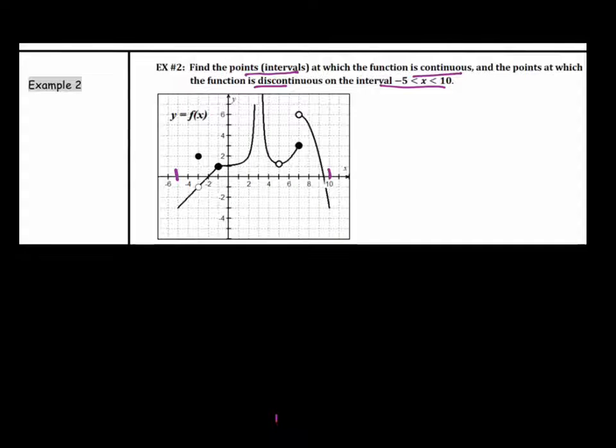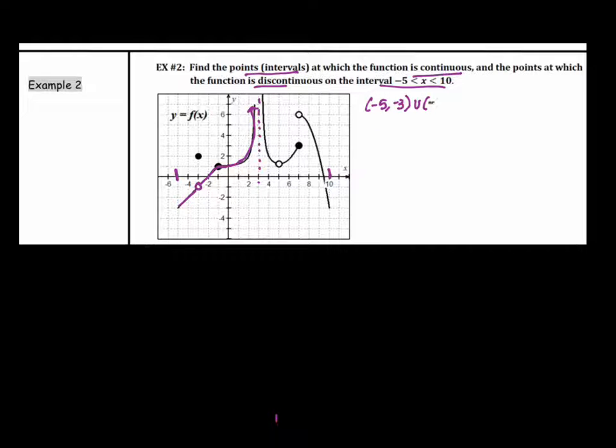So I am continuous from -5, moving up, but then at -3, I have a removable discontinuity. So -5 to -3, union. Then it goes from -3, keep going, because that's continuous, all the way till it looks like it has a vertical asymptote at +3.